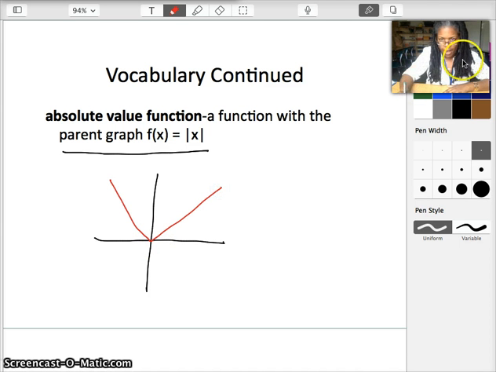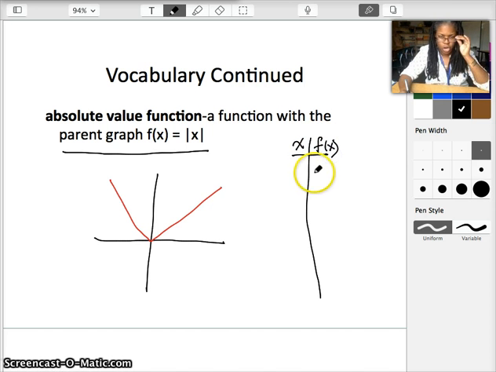And let's think about why. So I'm going to quickly jot down some terms. Remember, we can always use the XY chart or the f of x chart table because it's really, really helpful. So I'm just going to plug in some numbers. If x was equal to -3, the absolute value of -3 is 3.